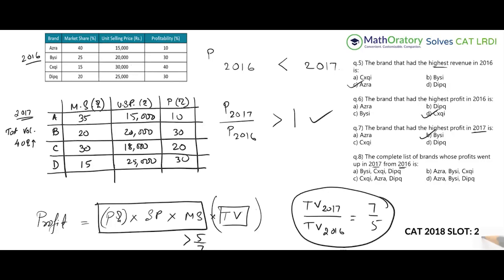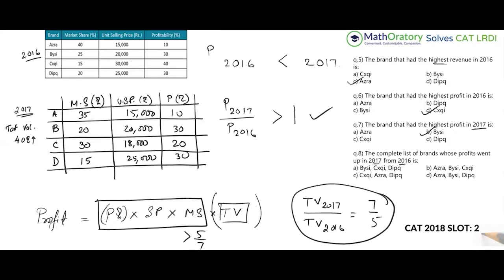So if this fraction is more than 5 by 7, I'm just writing this as a certain product of 17 out of product in 16.